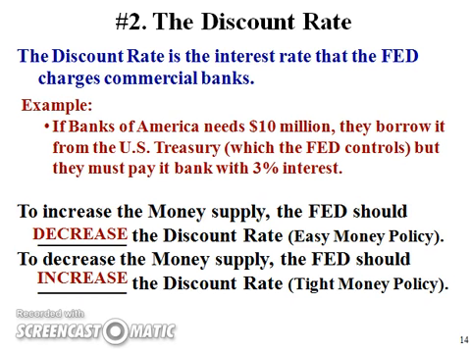These two concepts, the discount rate and the federal funds rate, are unique in that the discount rate is specifically talking about the interest rate on which the Fed charges commercial banks if commercial banks need to borrow from the Fed. The Federal Reserve System is referred to by bankers as the lender of last resort.